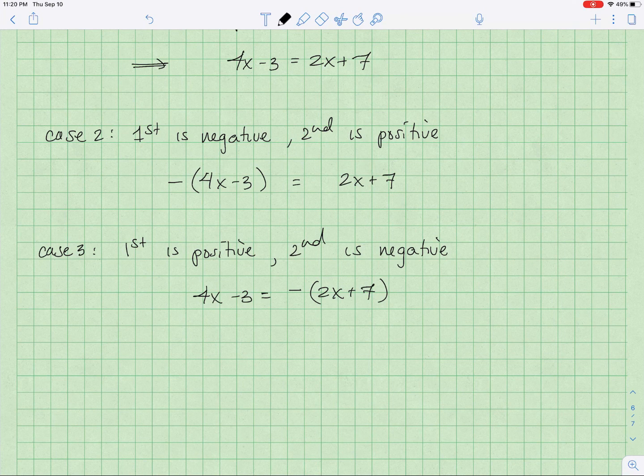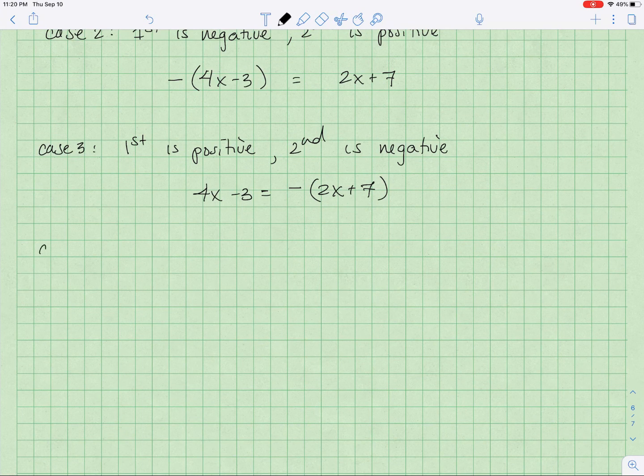So we have 4x minus 3 is equal to the negative of the quantity 2x minus 7. Or case number 4, both are negative, in which case we would have 4x minus 3, quantity being negative, is equal to the 2x plus 7 quantity being negative.